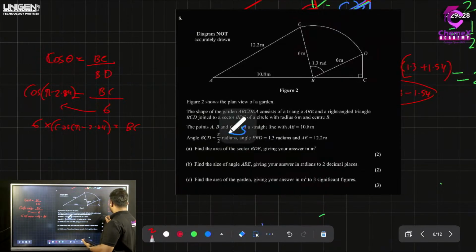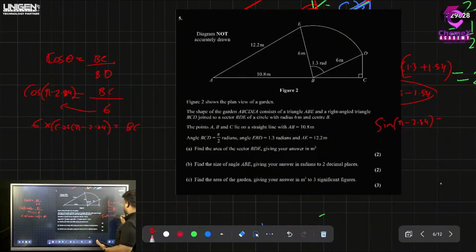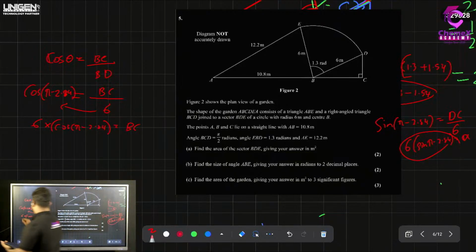So sine, what? Sine pi minus 2.84 is equal to DC over 6. So 6 times sine pi minus 2.84 is equal to DC. So you can find the area.